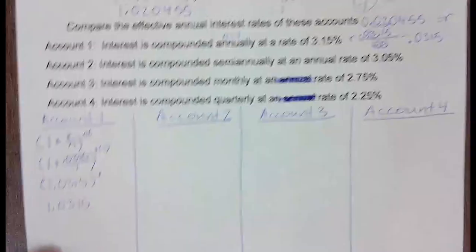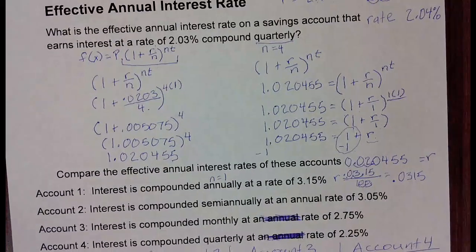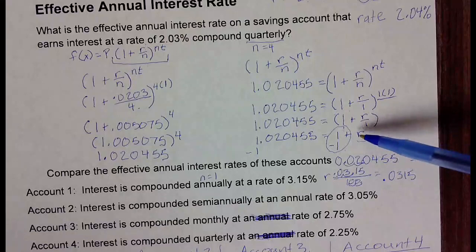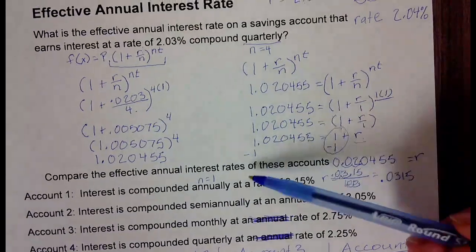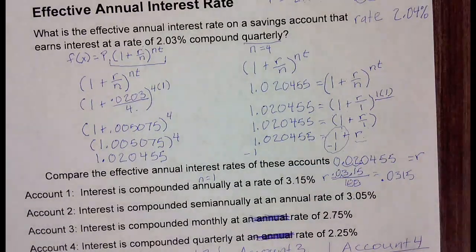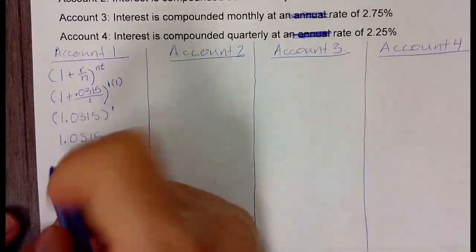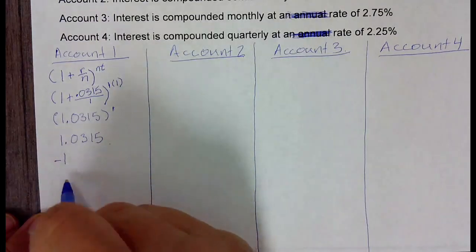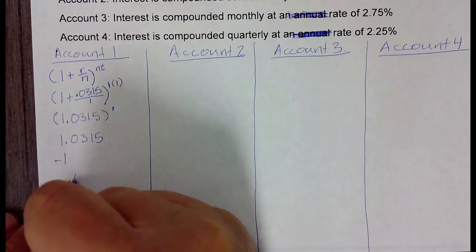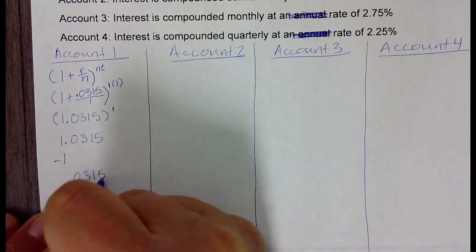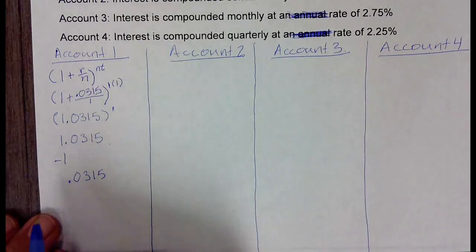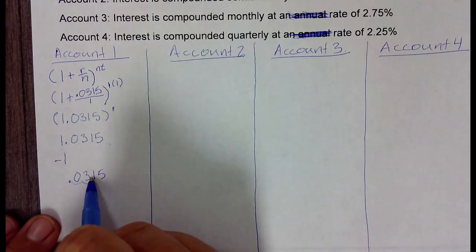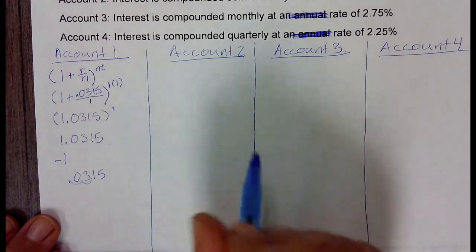And just like I did up above, when I was finding that rate again, basically I just subtracted 1. That's what I did. So I'm going to do that same thing here. I'm going to subtract 1 to find out what the rate is. 0.0315. In order to convert this decimal to a percent, I'm going to move this decimal place over 2 spaces to the right.